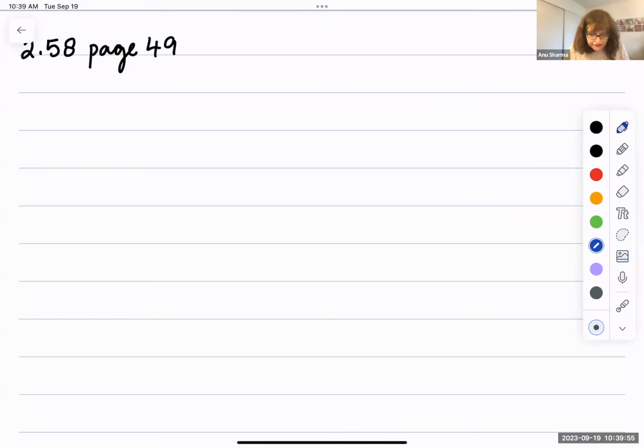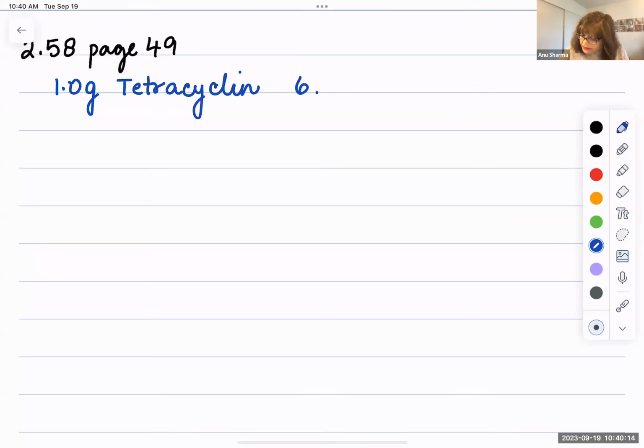A physician has ordered 1.0 grams of tetracycline, an antibiotic, to be given every 6 hours to a patient.